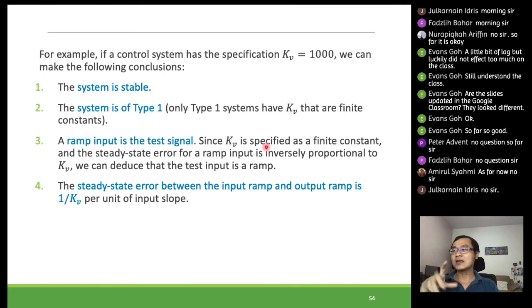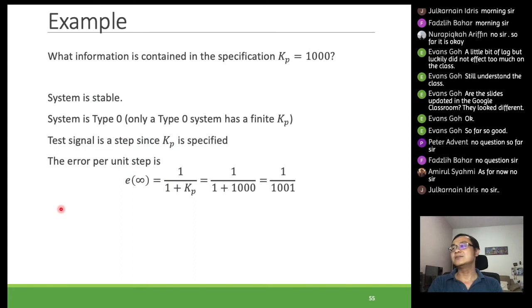So this is how we can use these steady state specifications, the static error constants, to help you select according to what you need. From this we can also conclude that the steady state error between the input ramp and the output ramp is 1 over Kv, because it gives us the slope. So this is how you can interpret them.